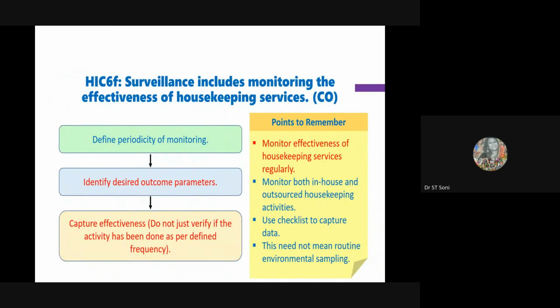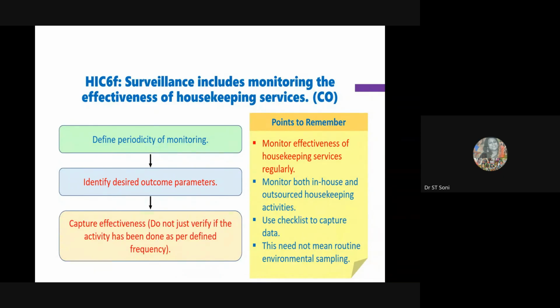Then the effectiveness of the housekeeping also we need to see. It is not only the checklist like toilet cleaning and its checklist. Randomly, the infection control team visits and does the audit of this housekeeping activity. So in this audit, you go to a random area.